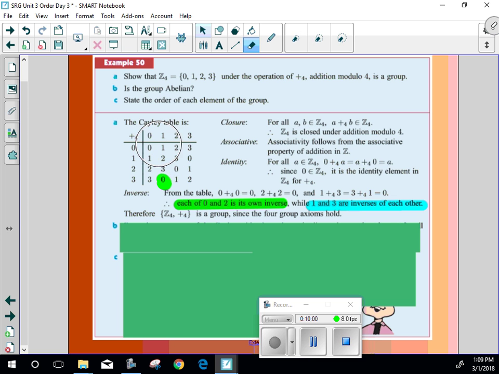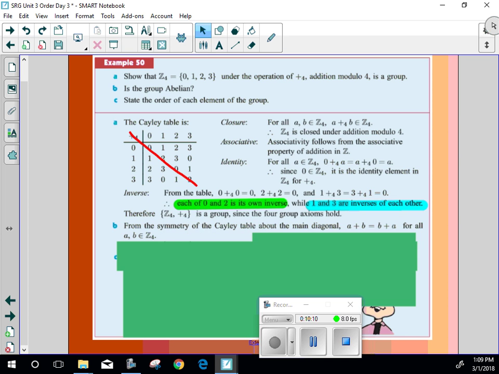What do you use on the Cayley table to tell you that it's going to be commutative or abelian? Diagonal. So we've got that. From the diagonal of the Cayley table, along the main diagonal, a plus b equals b plus a. So you can say on the Cayley table main diagonal, a plus b and b plus a are equal.